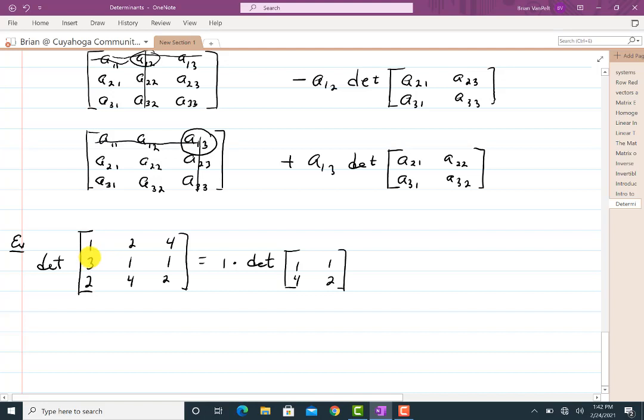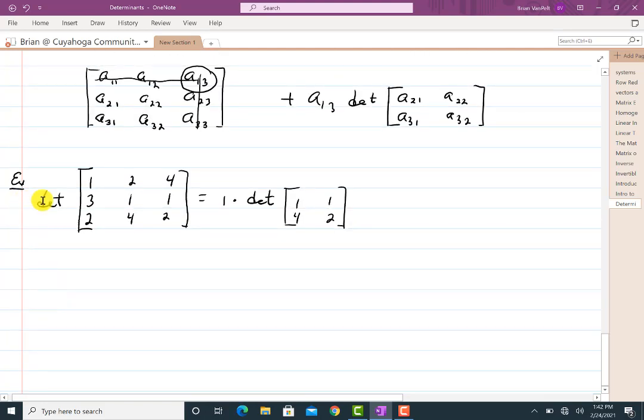Good. Then you move across the top row to the 2. You alternate the sign though. So when I have the 2, that's the thing I'm looking for. I'll go across and down like so, and whatever's left over will form this determinant, or this matrix here. Alternate the sign again.